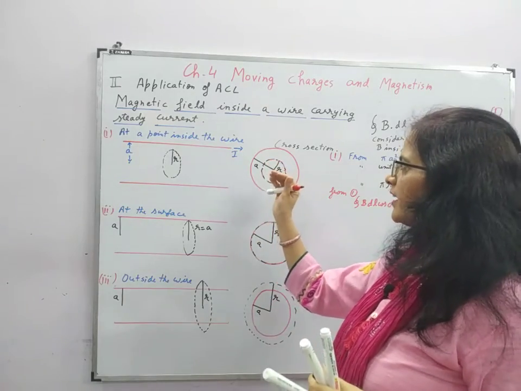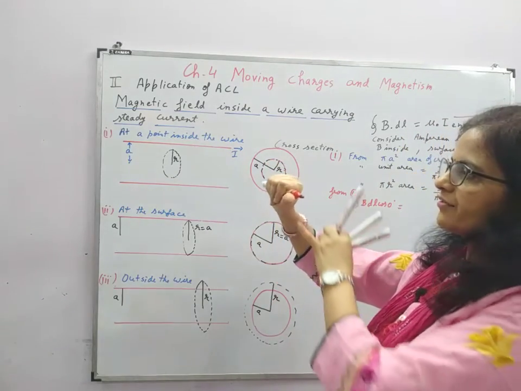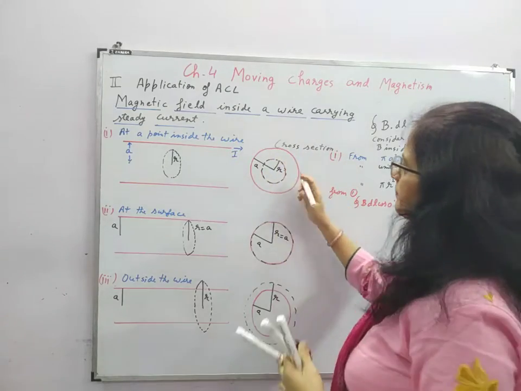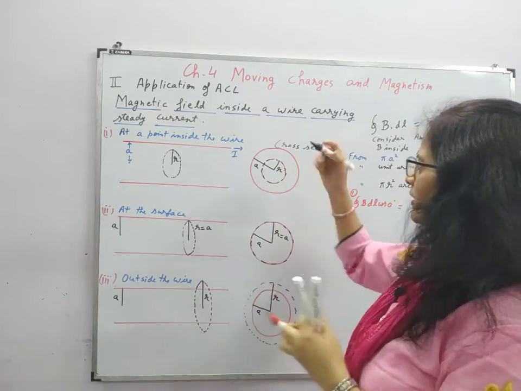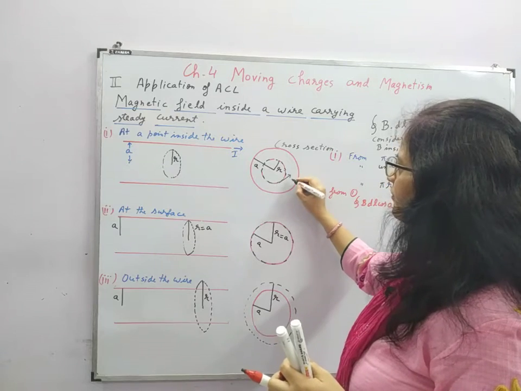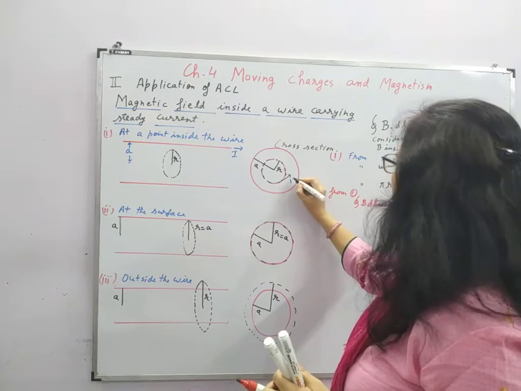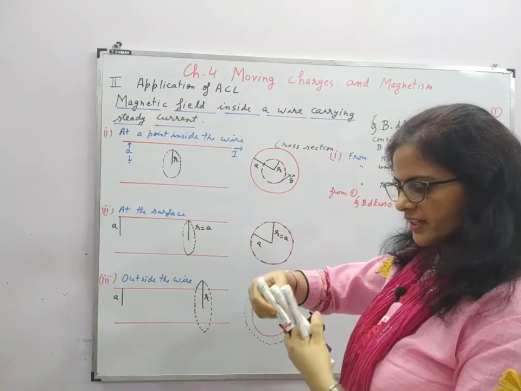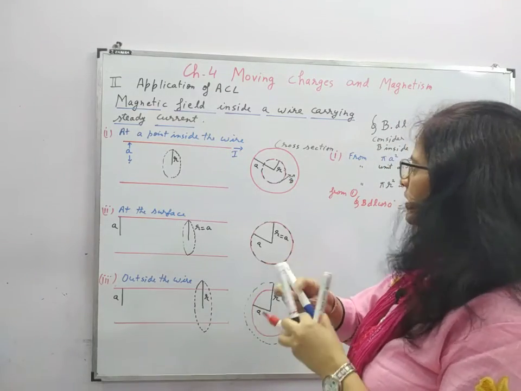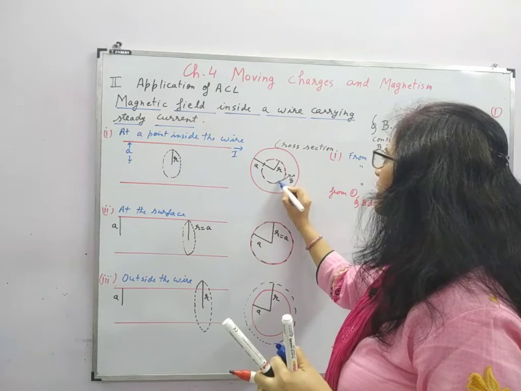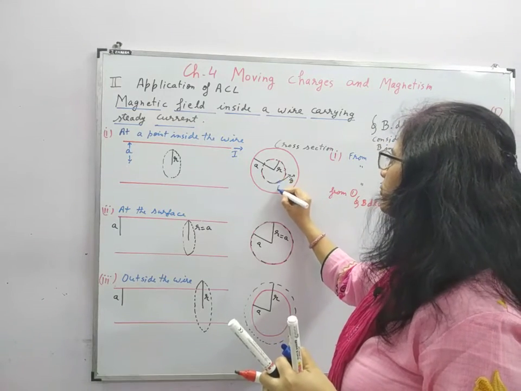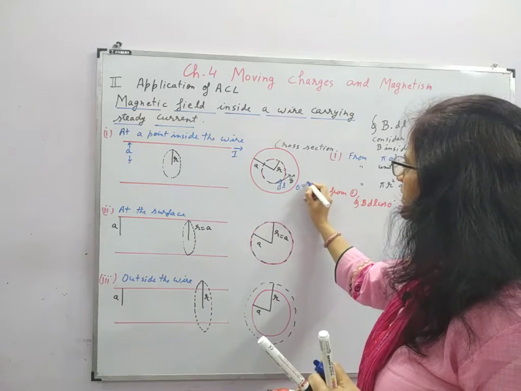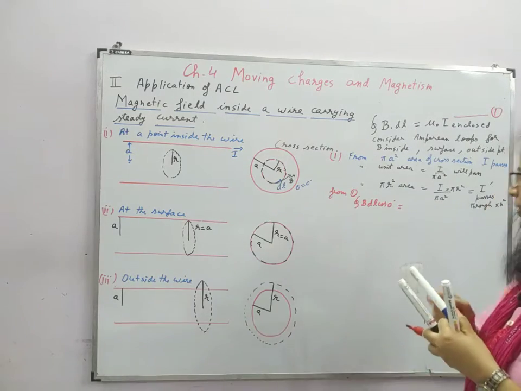So the magnetic field lines, if we look at the top of this cross section, will be tangential at every point. So this will be the magnetic field direction, and dl is the element of the Amperian loop. So dl is also this way. So here theta is 0 degree, right?